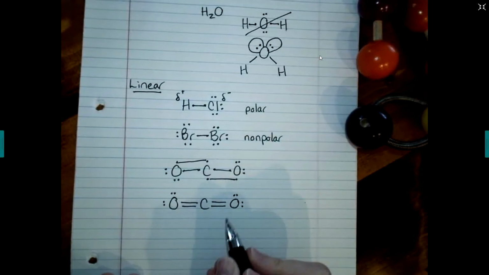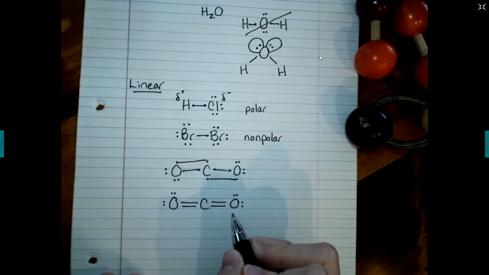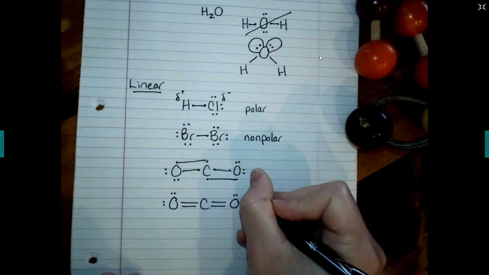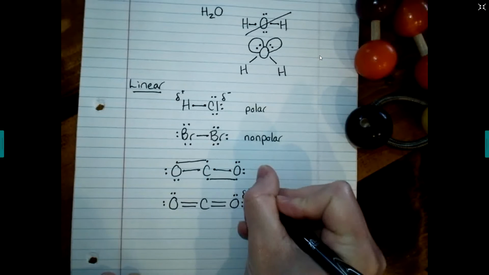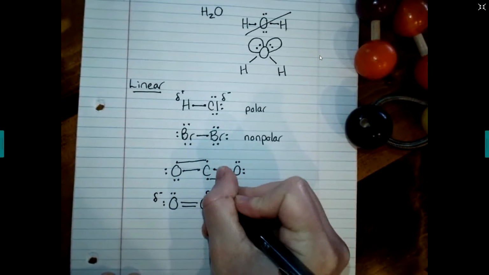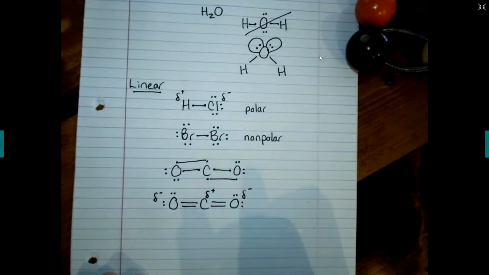All right, so oxygen is more electronegative than carbon. Remember, oxygen is closer to fluorine than carbon is. Fluorine is the most electronegative element, so that makes these oxygens slightly negative, and carbon is slightly positive. So we're going to see something a little different happen here.